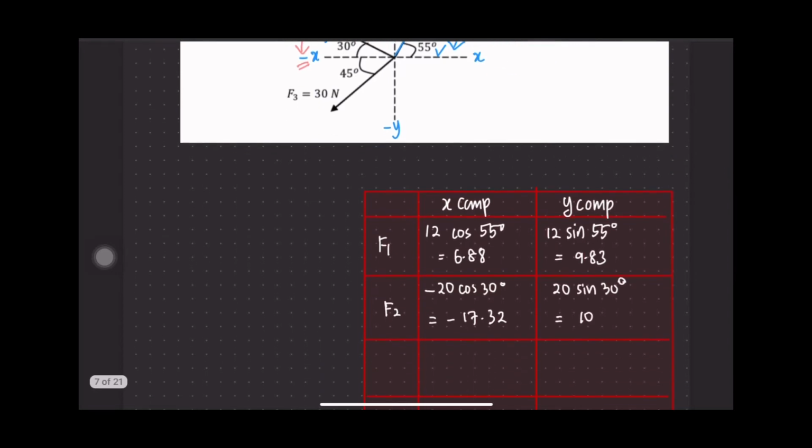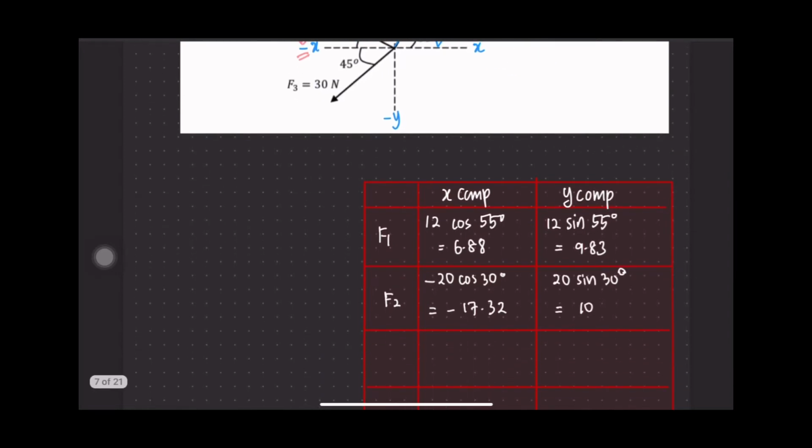Okay, so next is F3. F3 go to component X, negative. So F3 negative 30 cos 45 degree is equal to negative 21.21.